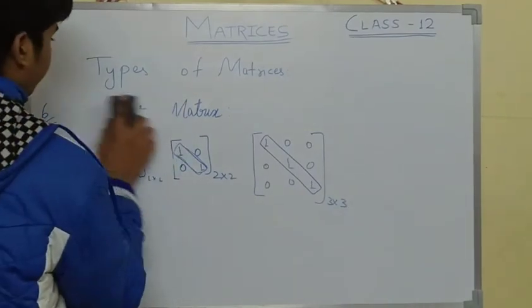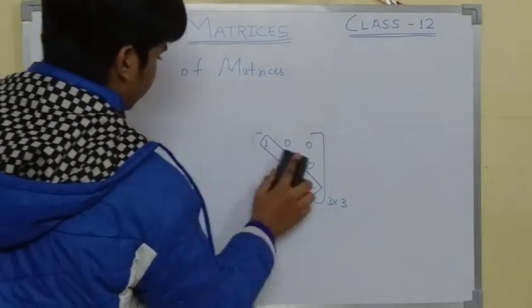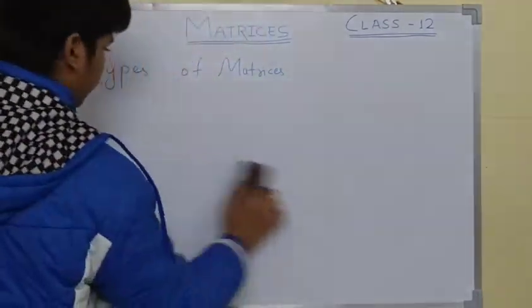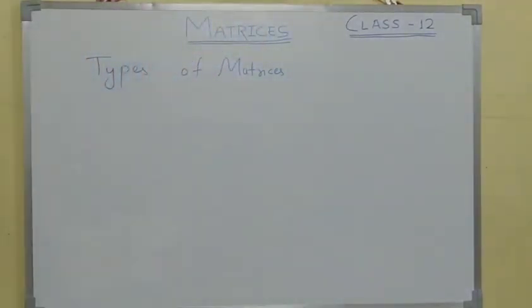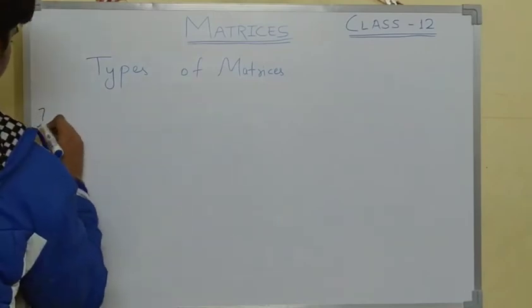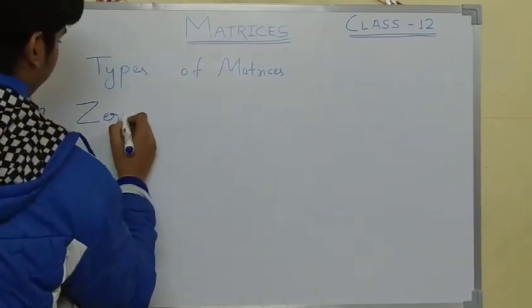And the seventh one, which is the last one, is the zero matrix. Zero matrix is the matrix in which all the elements are 0.